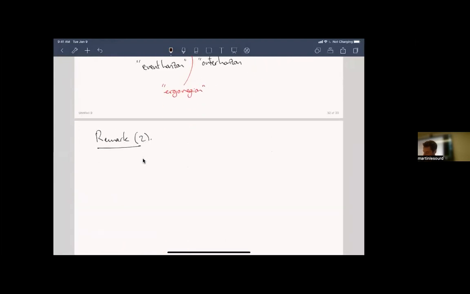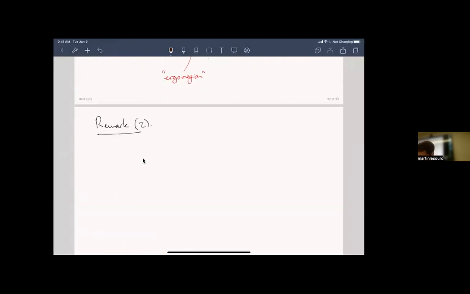So remark number 2: the extension of the axial Killing field sideways. So in the Penrose diagram, that's going from having a Killing field here. This is what I mean by sideways.